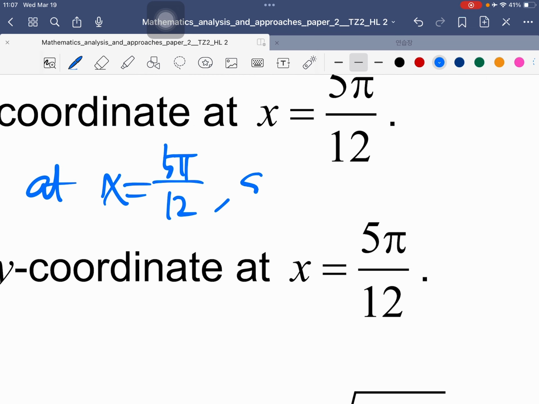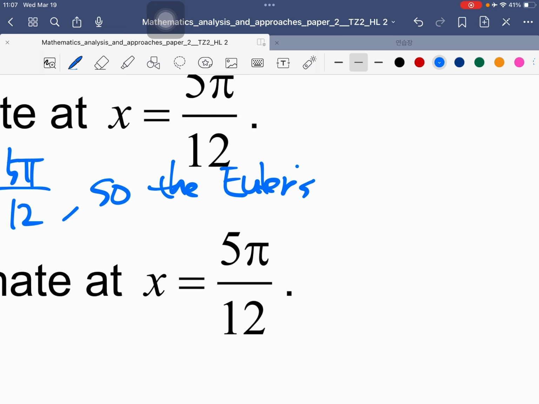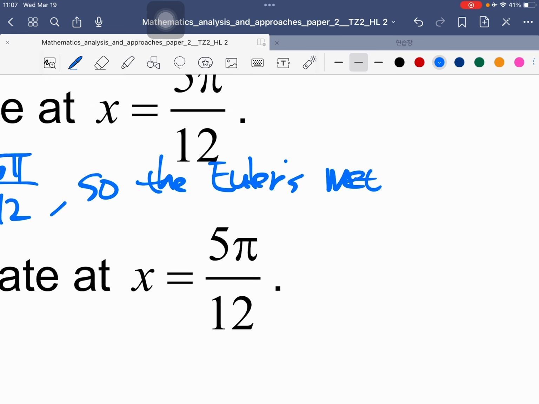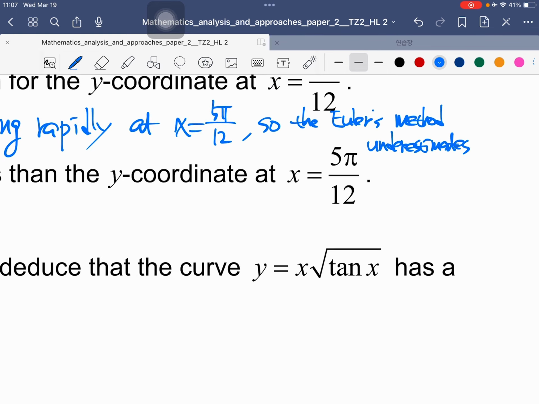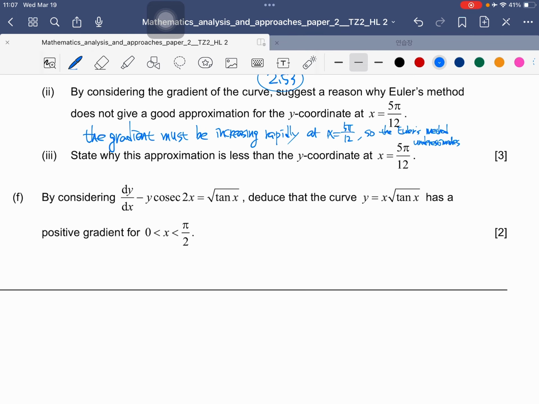So Euler's method underestimates. State why this approximation is less than the y coordinate at x equals 5 pi over 12.